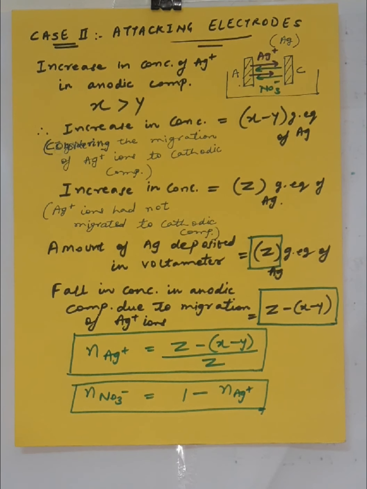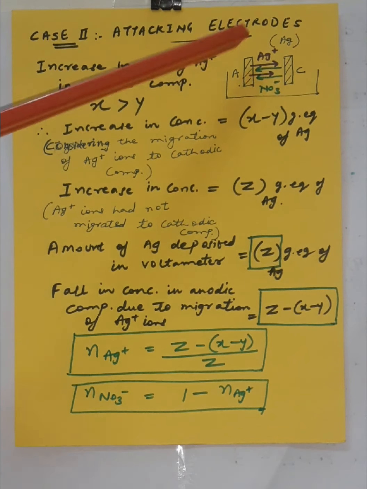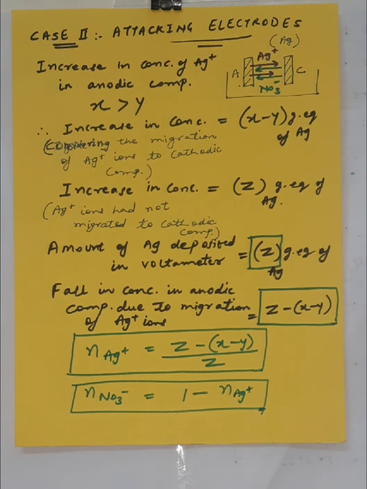See through the figure. As your nitrate ions reach the anode surface, that is the silver anode, there is an increase in the concentration of silver ions within the anodic solution instead of the decrease which was seen in the last case, right? So after electrolysis, in the case of attacking electrodes, there won't be a fall in concentration within the anodic chamber.